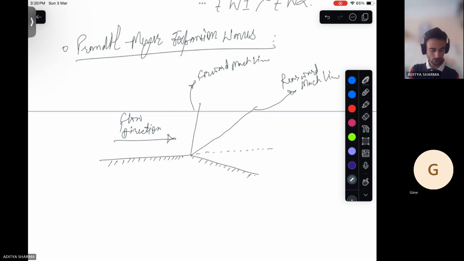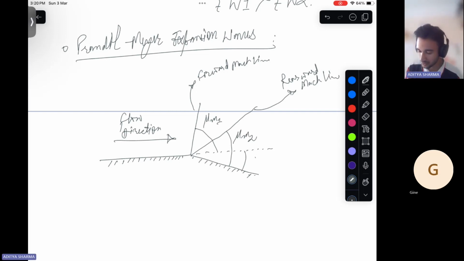So here, this is your Mach angle for the upstream condition, and this is your Mach angle for the downstream condition. All right.